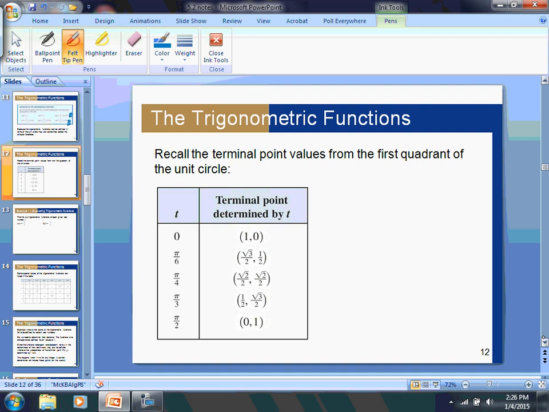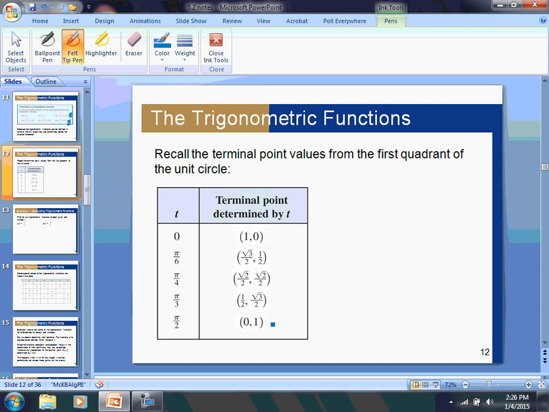Okay, so remember, these are the terminal points for the first quadrant. So we have our starting point, we have our 30 degrees, 45 degrees, 60 degrees, and then our 90-degree measurement. And remember, these are going to be our reference angles as well.